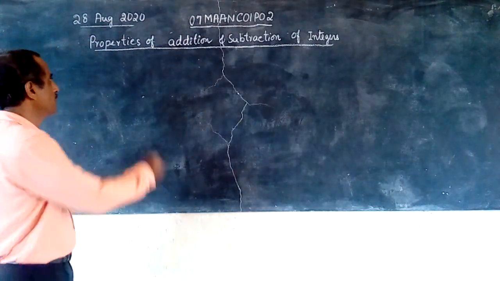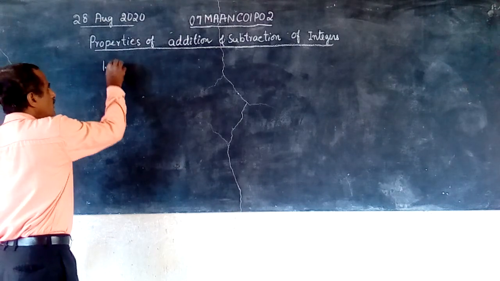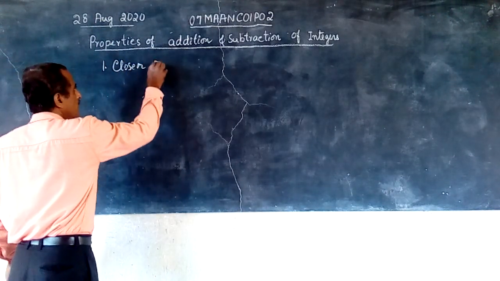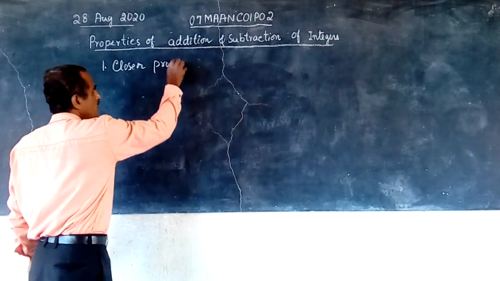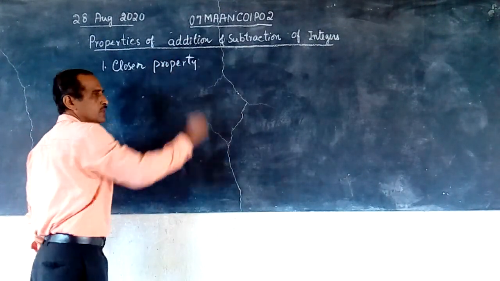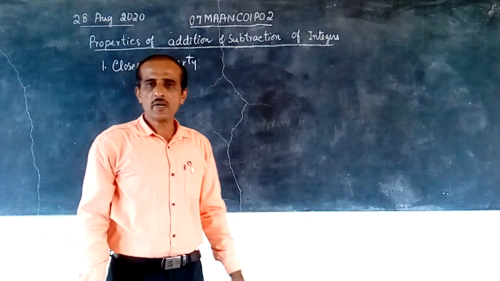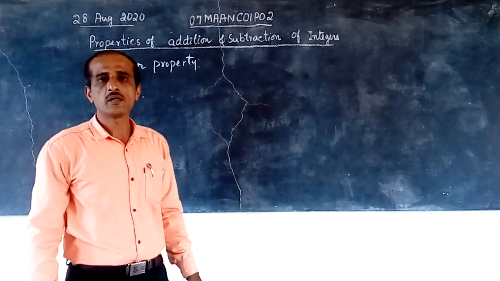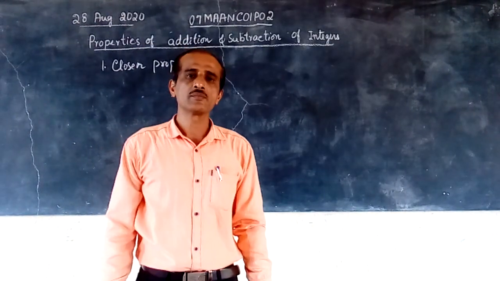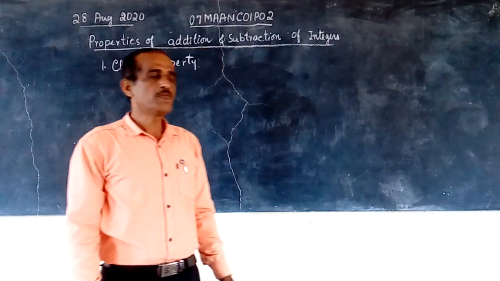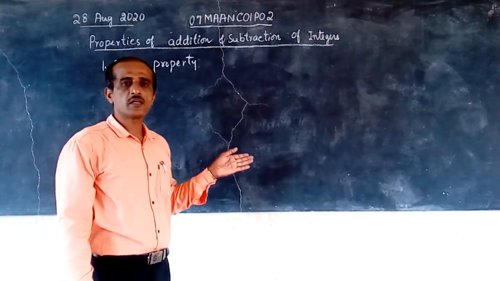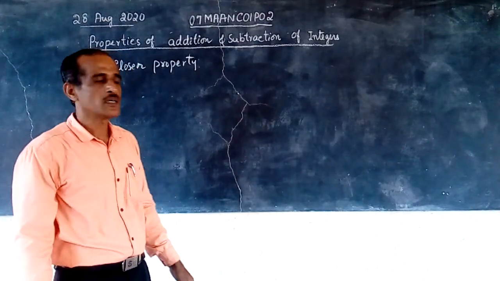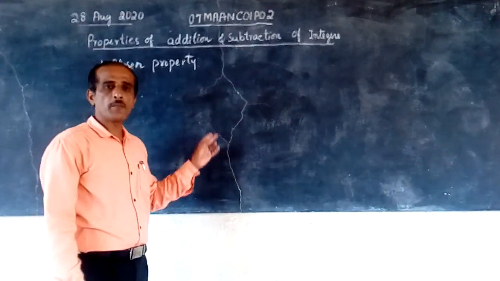In that, the first property is closure property. So what is this closure property? For example, if you apply closure property of addition to the set of whole numbers, two whole numbers are added.